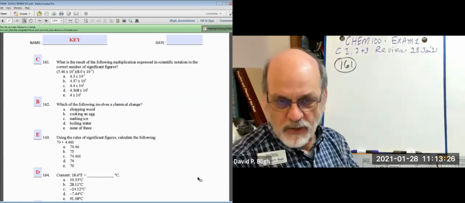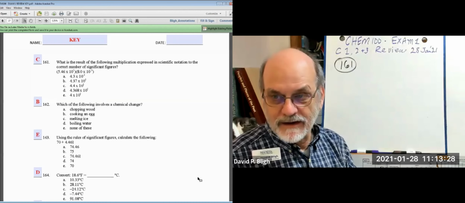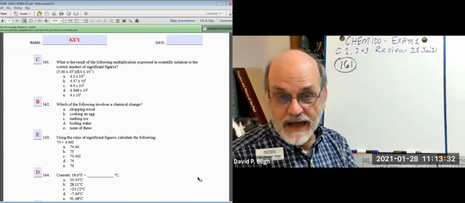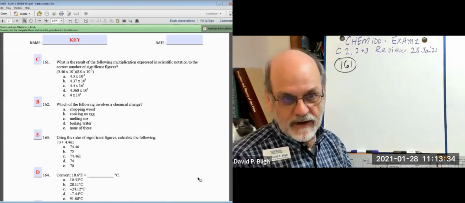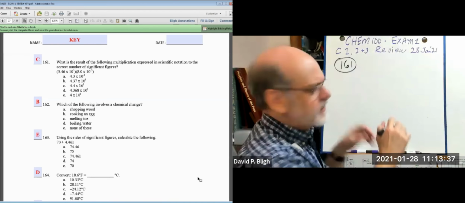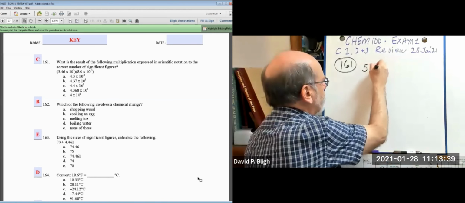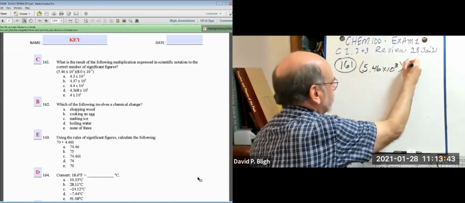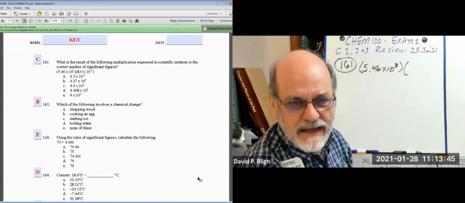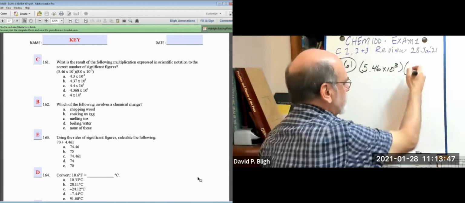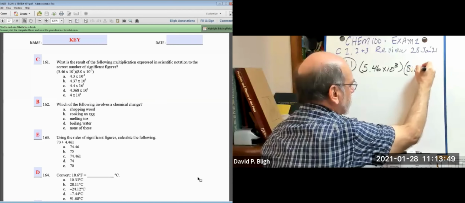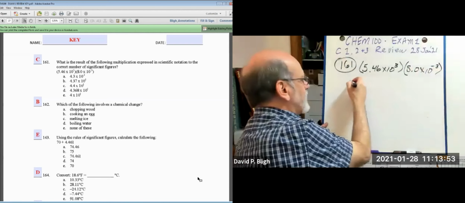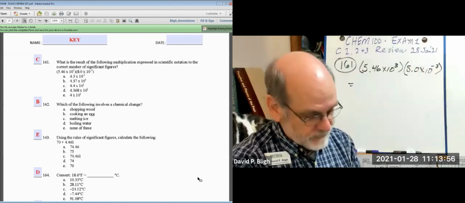So this is a simple calculation, but you've got to be sure that your significant figures are correct and actually do the calculation. 5.46 times 10 to the third, and 8.0 times 10 to the minus third. All right, to the correct significant figures.